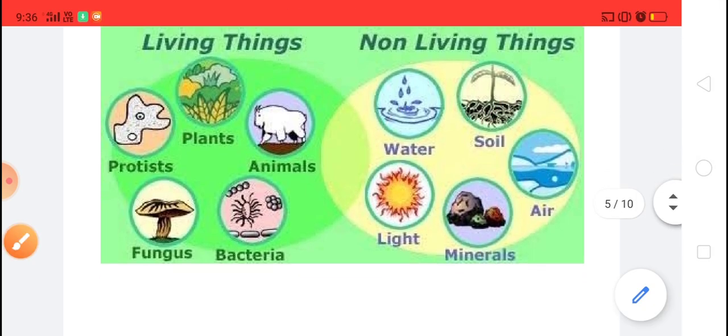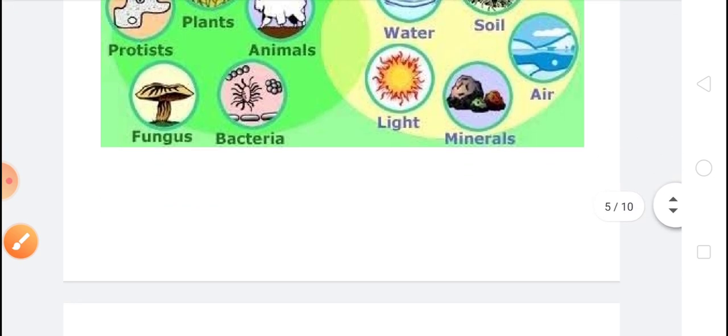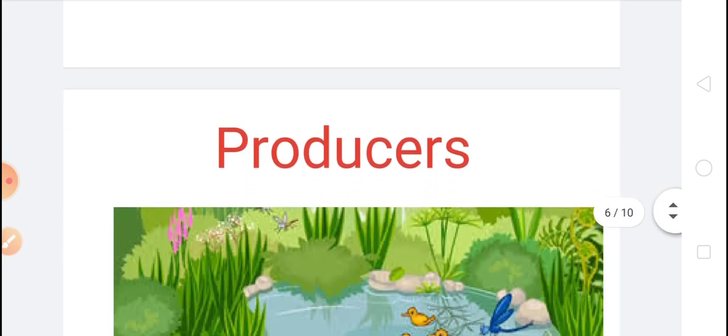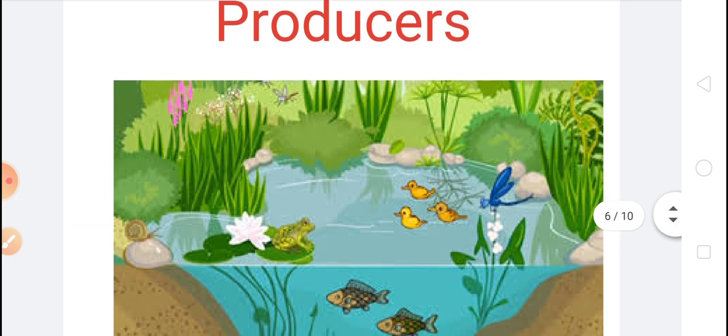These are the abiotic factors present in every habitat. First of all, we will study biotic components and their interactions.